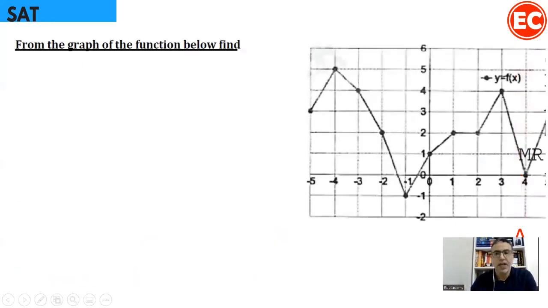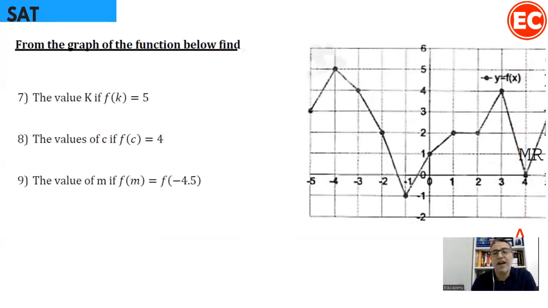Again, from the graph, find the values of k where f of k is equal to 5. So I go to the y-axis, to the point 5, and check where the curve is. The curve is at f of negative 4. So k is equal to negative 4.